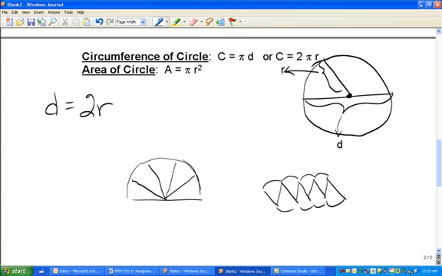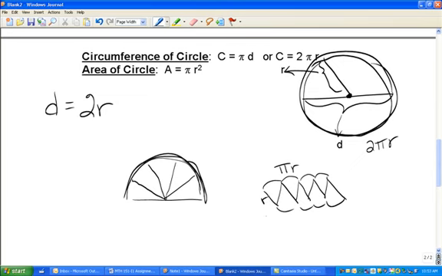Since the entire circumference is 2 pi r, this part would be pi r, and of course this is the radius. So we have somewhat of a rectangular shape, so pi r times r would give us pi r squared for the area of the circle.